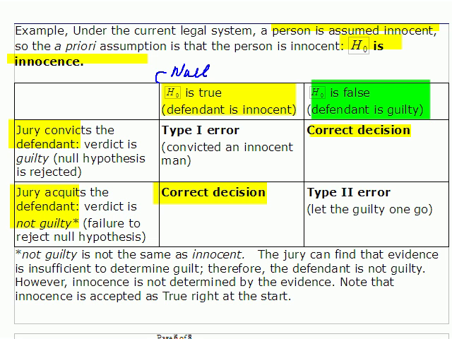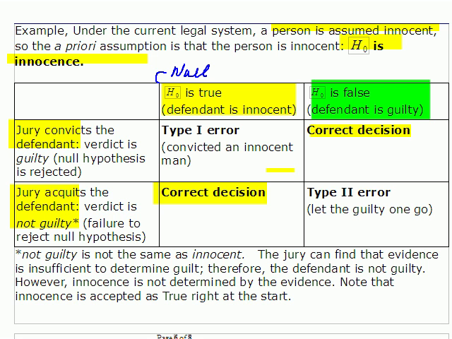In the homework you have to work out one of these tables, and the correct decisions are going to be in opposite corners, but they might be in different corners than here. So just work it out. If you convict somebody and they're guilty, that was correct. If you let them go and they were innocent, that's also correct.